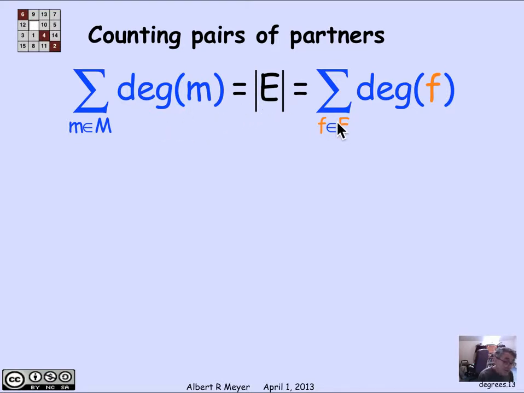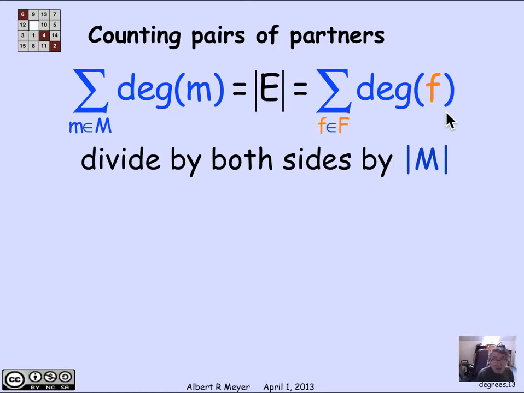And likewise, if you sum over the females, you're counting each edge once, and so the sum of the female degrees is also equal to the number of edges. In particular, the sum over the degrees of the males is equal to the sum over the degrees of the females. Because every time there's a liaison, it involves one male, one female.